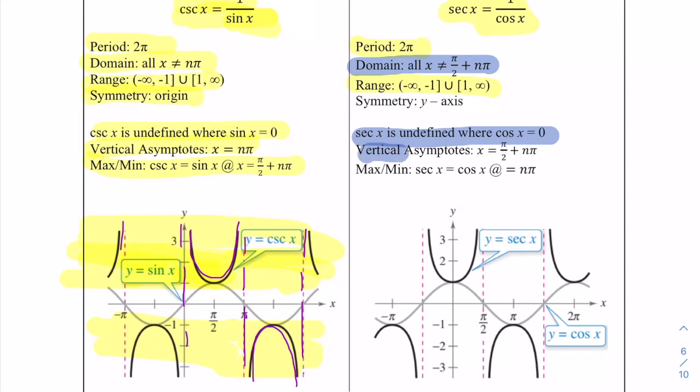So if you're going to find the vertical asymptotes, it'll be at pi over 2 plus pi, so 3 pi over 2, negative pi over 2, and then if you want to find those max and min values, that's when we'll have it at n times pi.